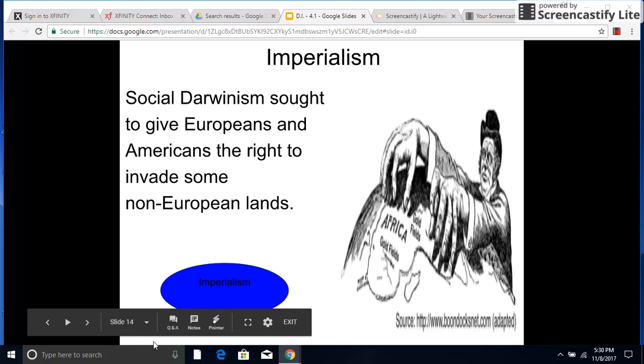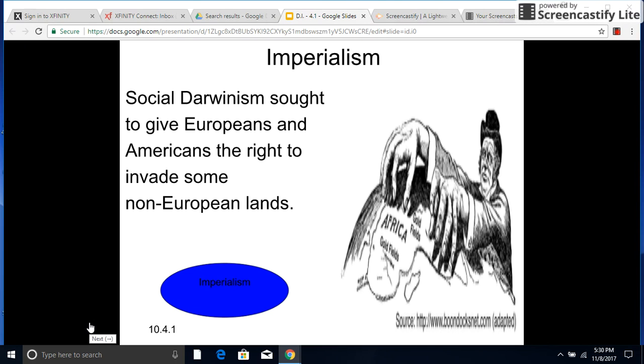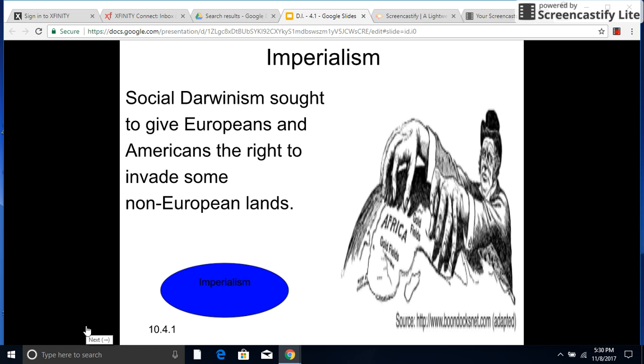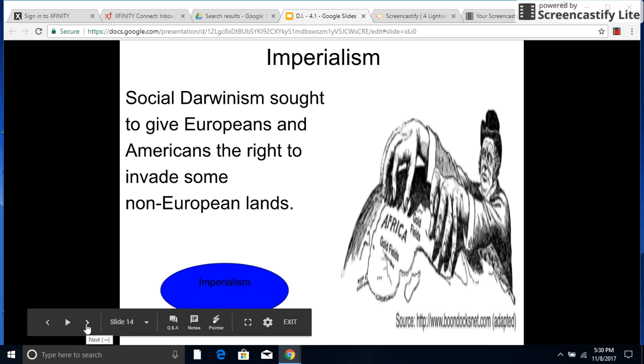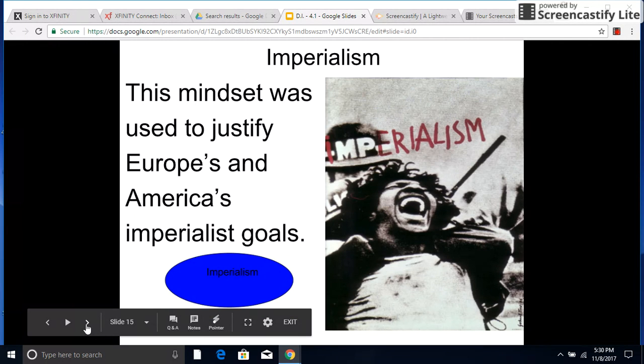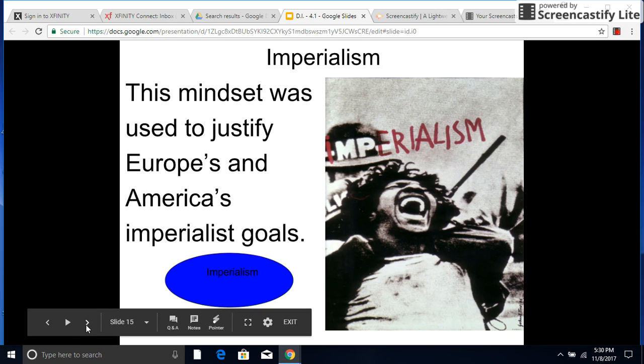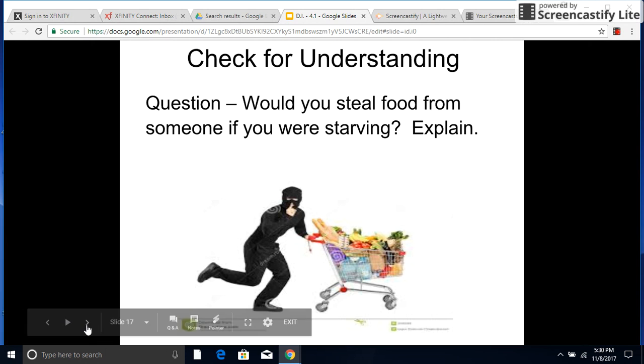That same idea was applied to human beings and human societies, and strong countries somehow had the right to conquer weaker ones, non-European ones especially. This mindset was used to justify Europe's and America's imperialist goals. And there's a video.